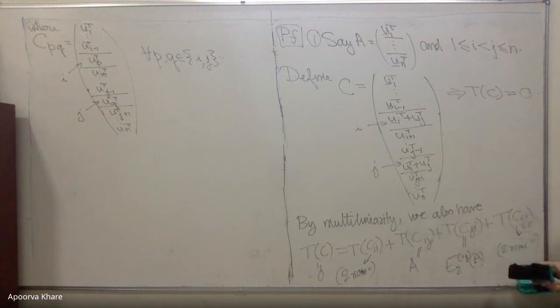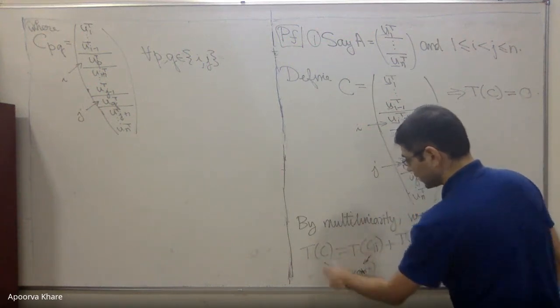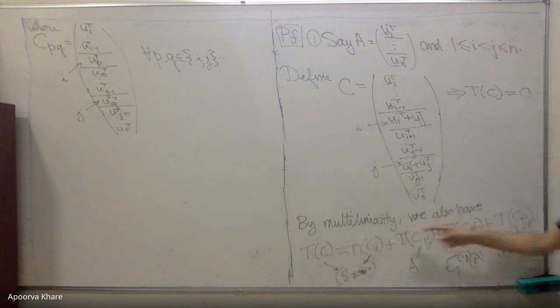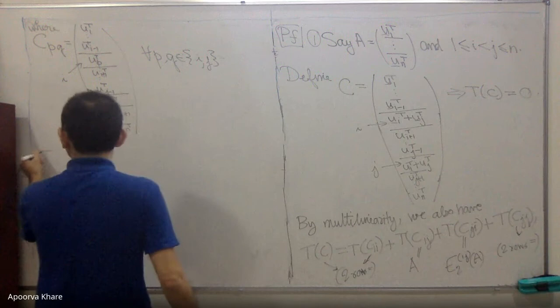And now therefore you can just add them. This also has two rows equal. So 5 of these terms have two rows equal. By definition of alternating, they are 0.